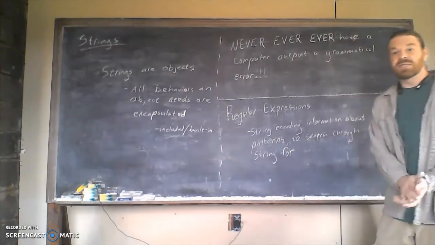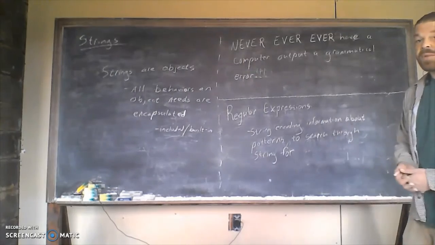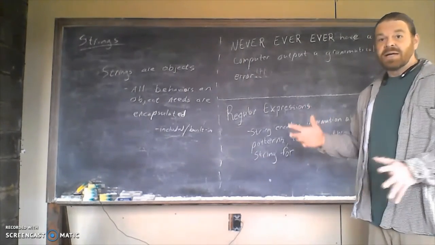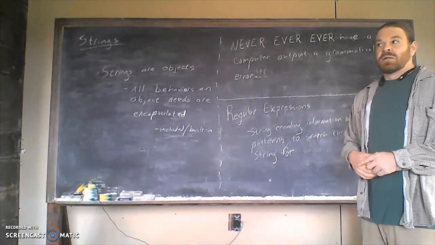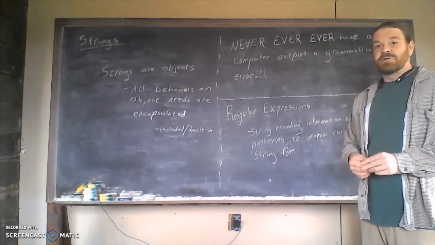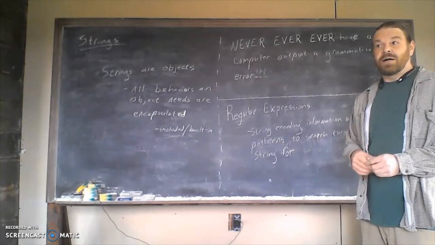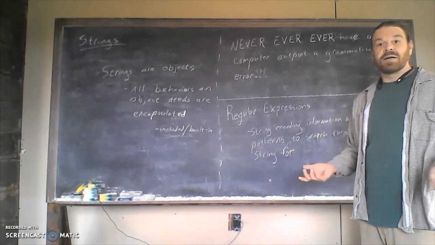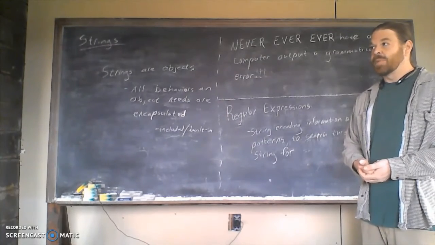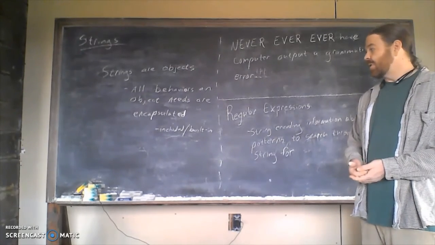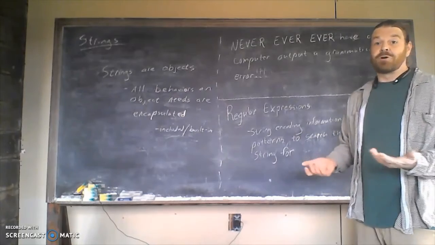So regular expressions are an encoding scheme, and we pass them in as a string, and it's a string that encodes information about patterns. So various patterns that we could search for, like things that are not letters. Our escape sequences are included. Look for line breaks or tabs.